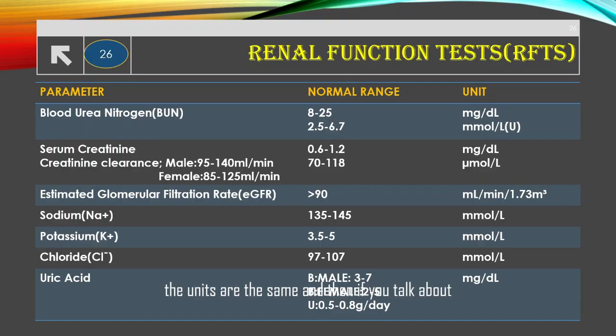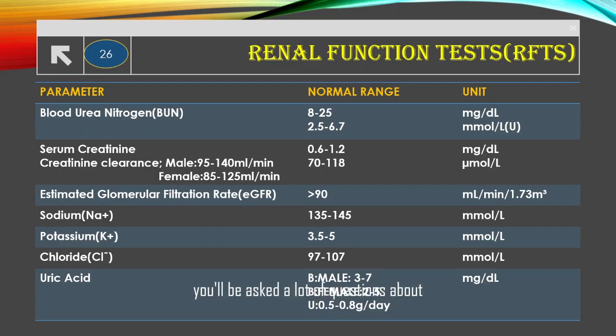If we talk about potassium, remember sodium is outside while potassium is on the inside. Potassium is more of an intracellular electrolyte, while sodium is more of an extracellular electrolyte. The normal level of potassium is 3.5 to 5. It's a very important electrolyte.